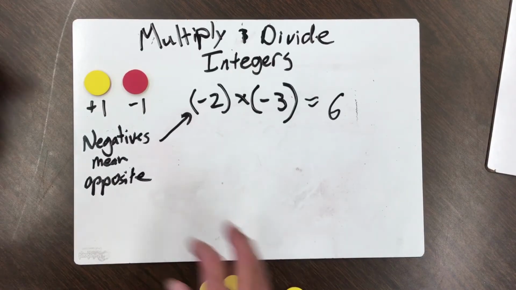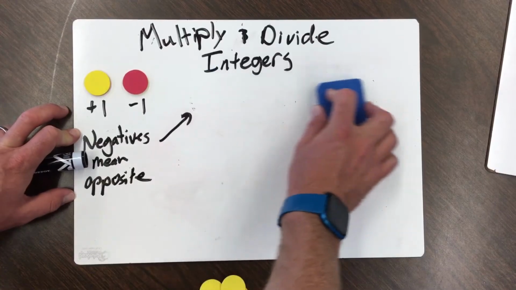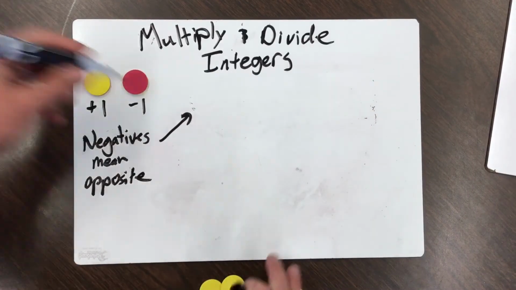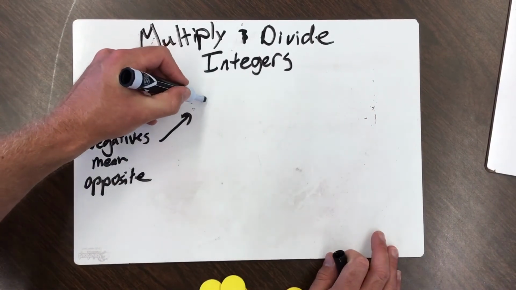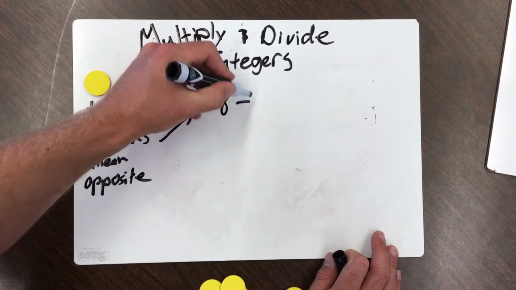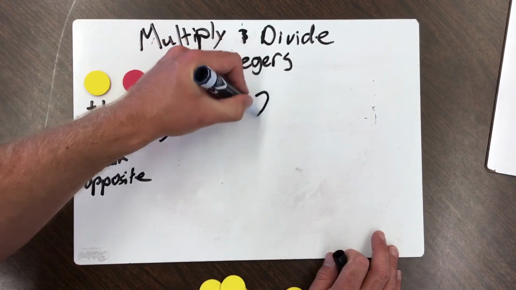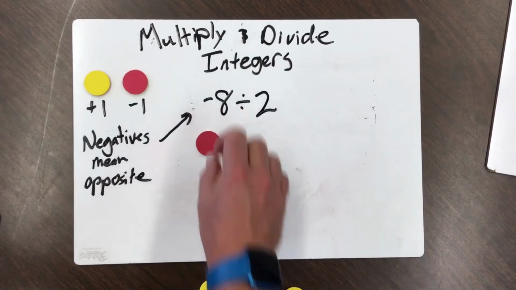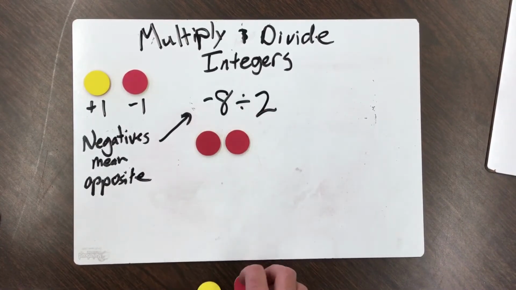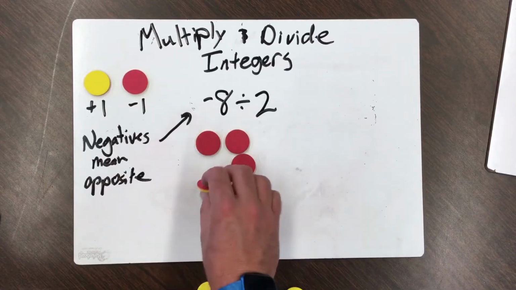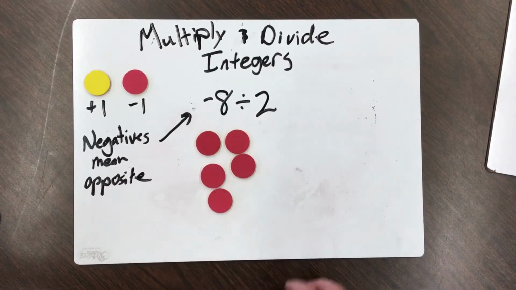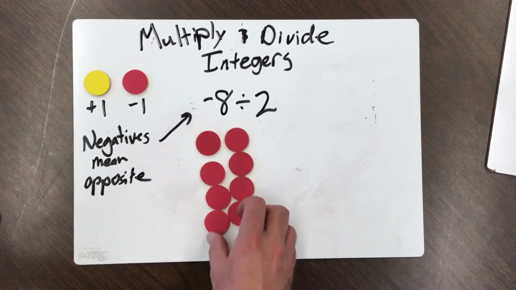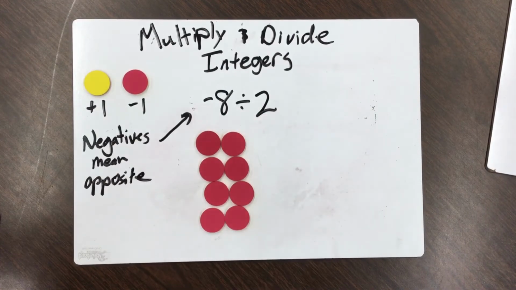All right, now let's work with division. Let's say that we have negative 8 divided by 2. So if we have negative 8, I have to have 8 of these red pieces. Just like that, right? Okay, now, what does division mean?